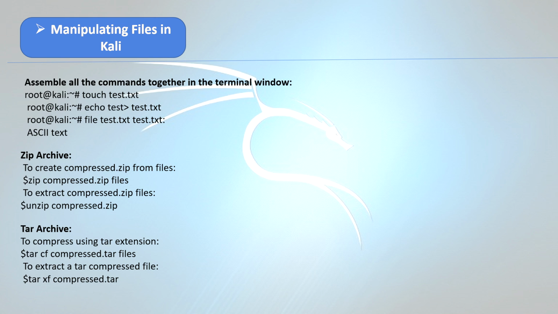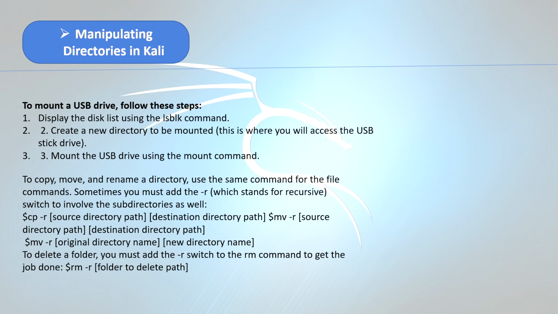Assemble all the commands together in the terminal window: root at kali touch text.txt, root at kali echo text greater than text.txt, ASCII text. Use gzip to create a compression, compress a file, and extend the command. And next topic is manipulating directories in Kali.